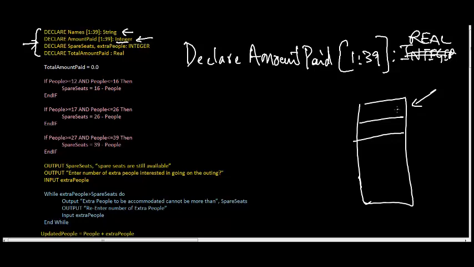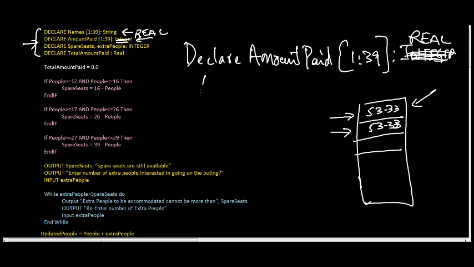So the amount paid by senior citizens which is going to be stored in this array is going to be real. So we'll have something like 53.33, 53.33, that's the amount that the senior citizen is going to pay. So this data type should be real instead of integer. So we're going to change this. This should not be integer, rather this should be real.